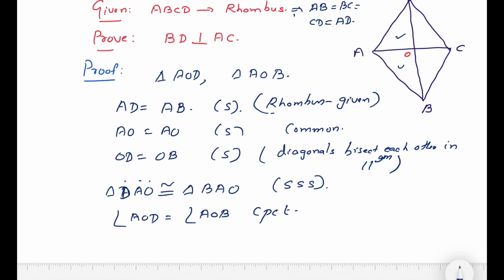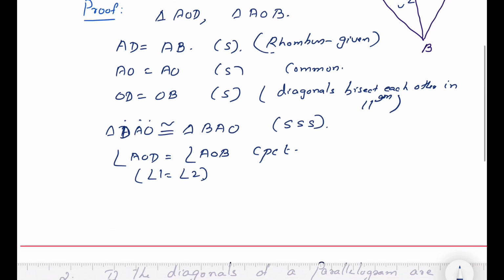Let's check where this AOD is. So AOD is this one, we will put this as 1, and AOB is this. So we got angle 1 equal to angle 2. But we know angle 1 plus angle 2 is equal to 180, linear pair.